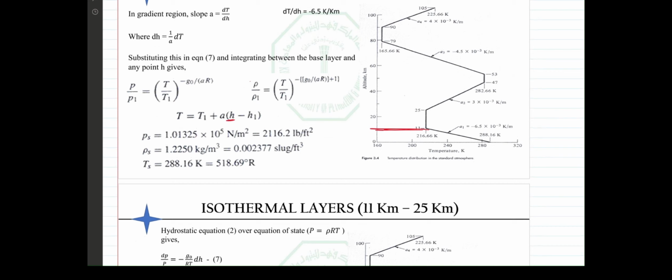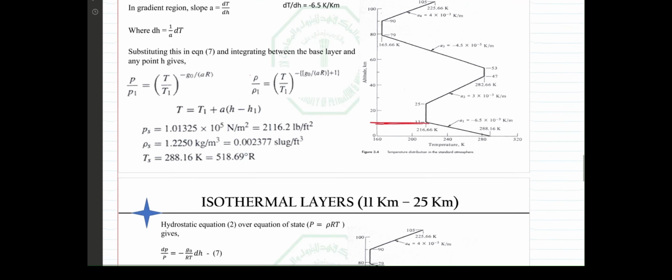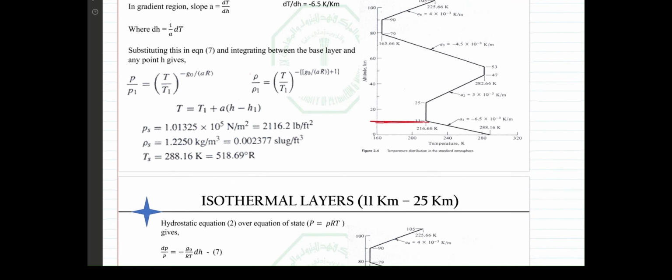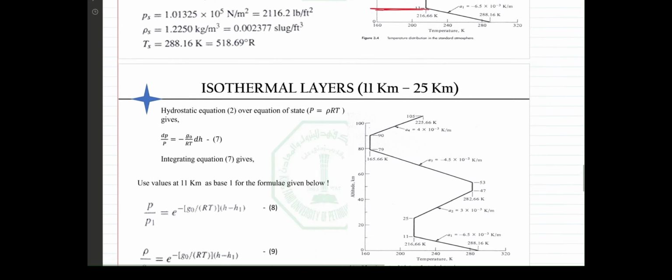These are the values for the standard conditions in the American or English system. If we are given the temperature, find the pressure. If we are given the density, find the temperature. If we have neither the temperature nor the density, we use this first, find the temperature, and then solve for the density. This is for the altitude from 0 to 11 kilometers.